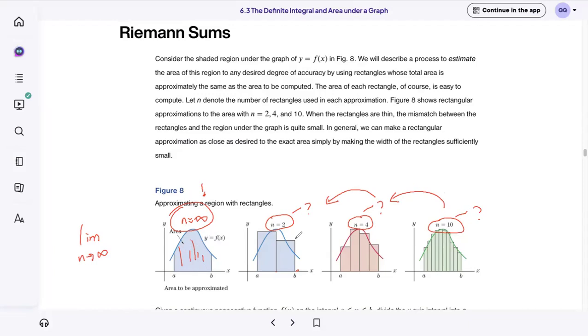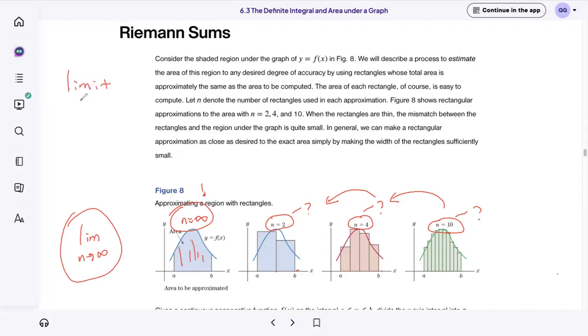So that's Riemann sum. Riemann sum is saying we're going to use rectangles to approximate the area under the curve, right? So we can split into 2 parts, 4 parts, 10, 100. This thing was split into infinitely many, using the limit idea. So now you see how beautifully these 3 things are tied together, right?